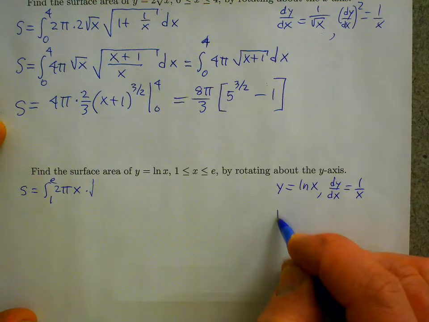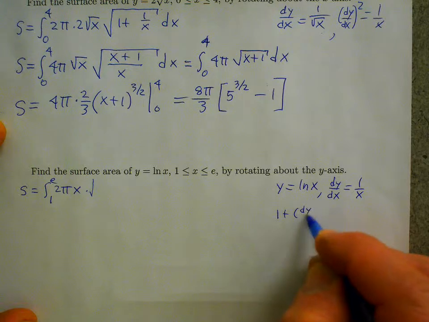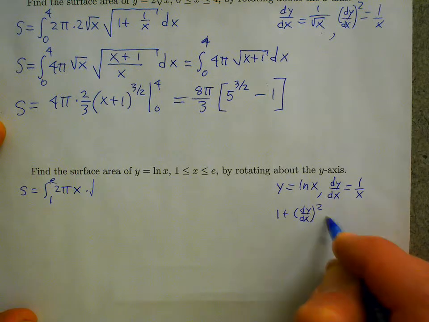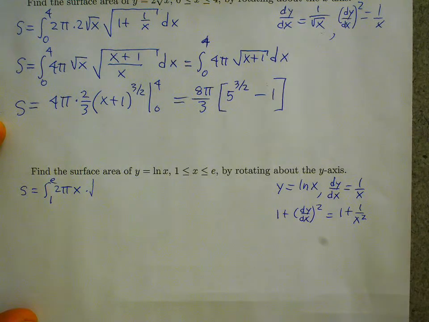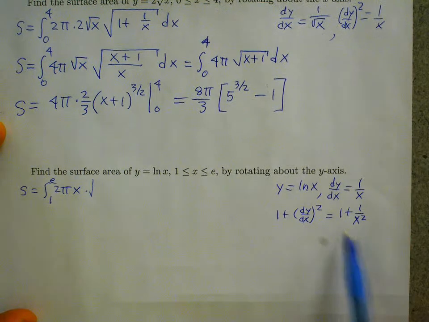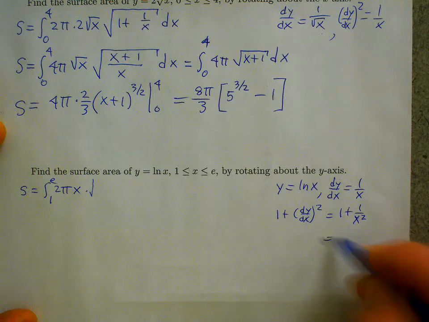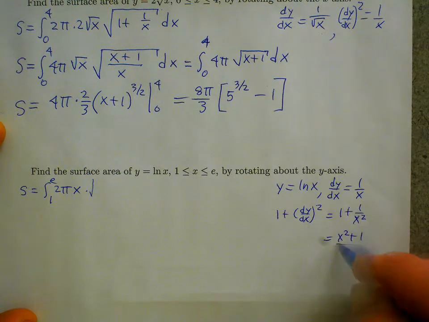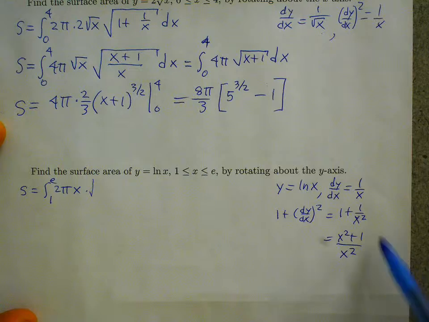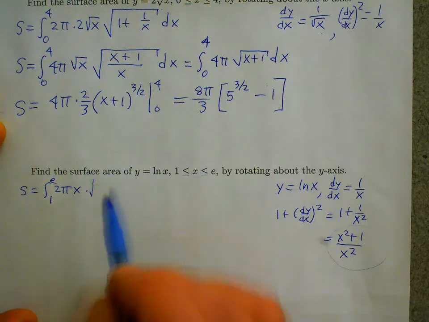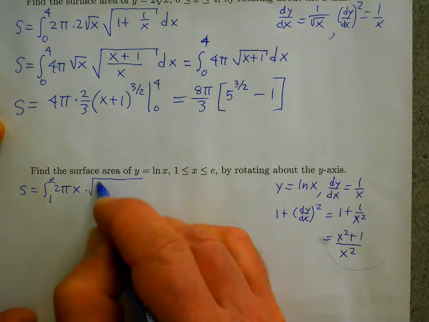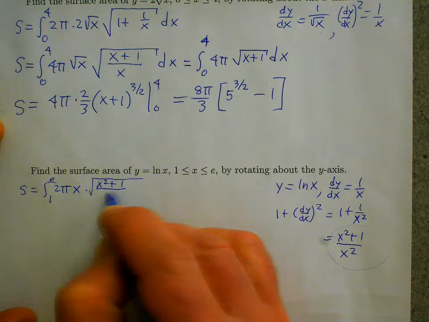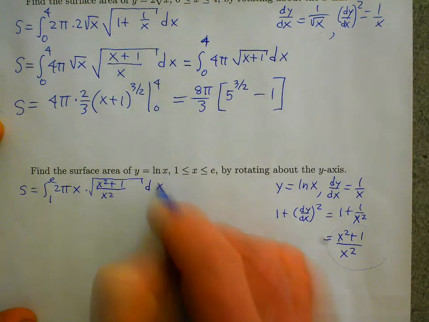And then 1 plus the derivative squared is 1 plus 1 over x squared. But I'll write this as a single rational expression, which is x squared plus 1 over x squared. This will be what goes inside the square root. And then dx.